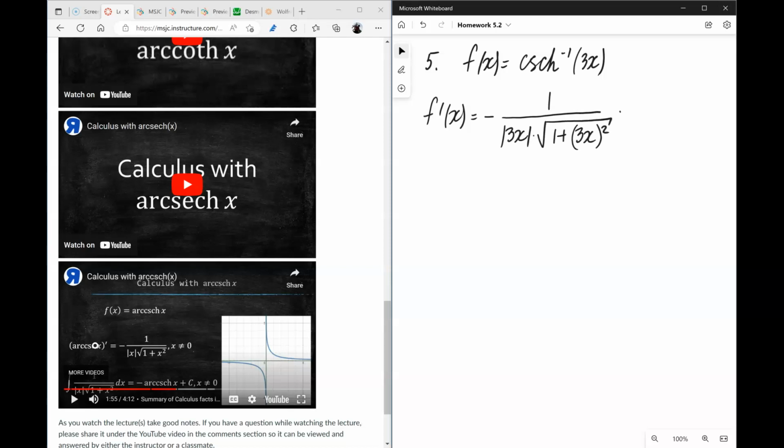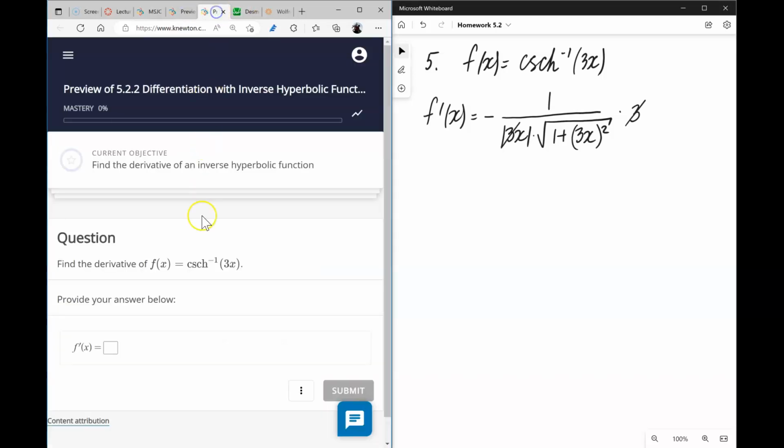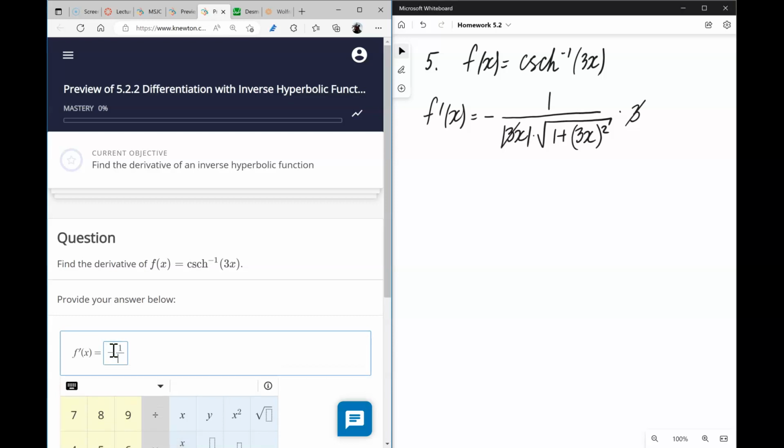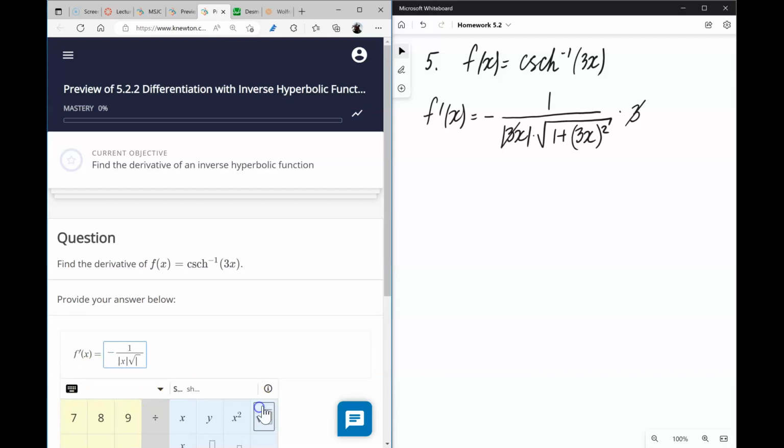And by the chain rule, we multiply by the derivative of 3x, which is 3. So this 3 and this 3 cancel. So the final answer will be negative 1 divided by absolute value of x times the square root of 1 plus 9x squared.